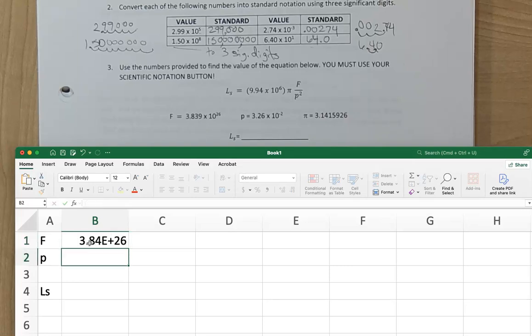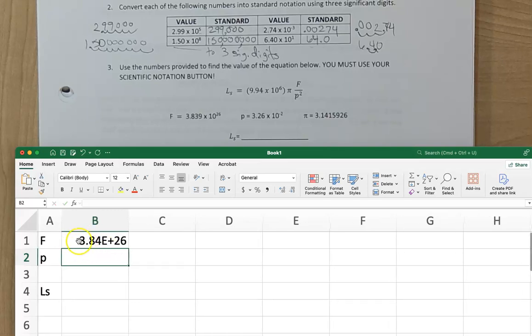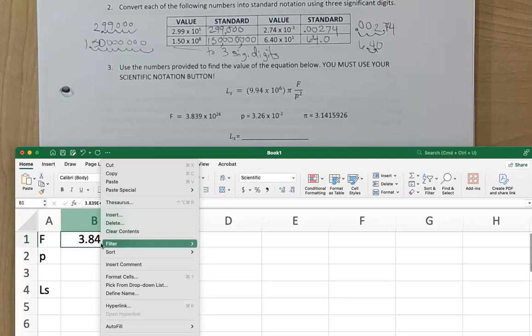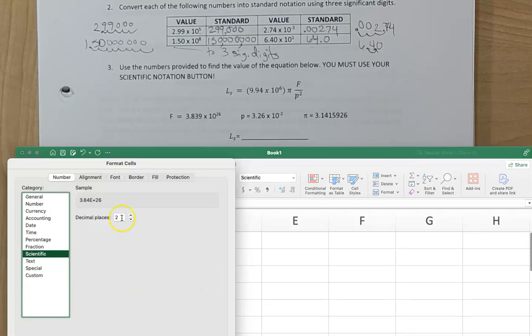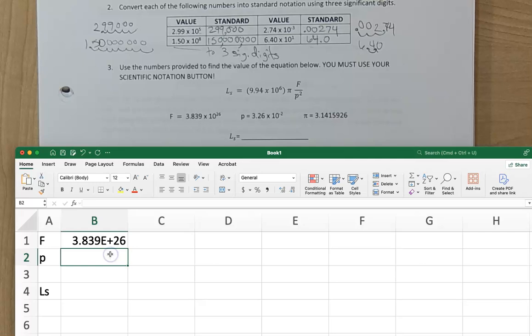It rounded to 3 significant digits for some reason, so let's not do that. I'm going to go to Format Cells, and make it 3.839, just like I entered it.